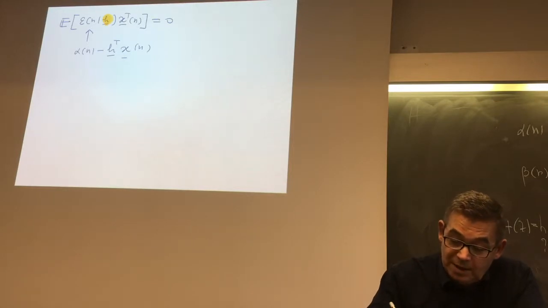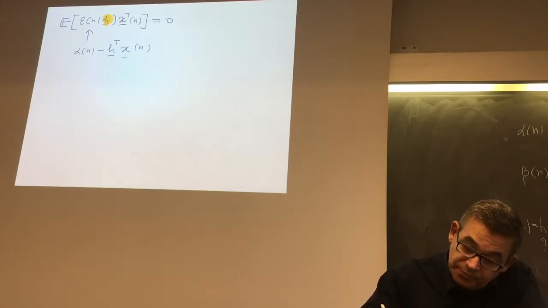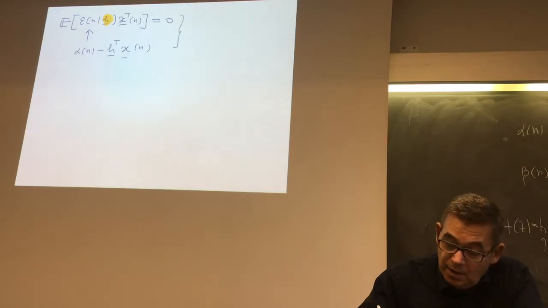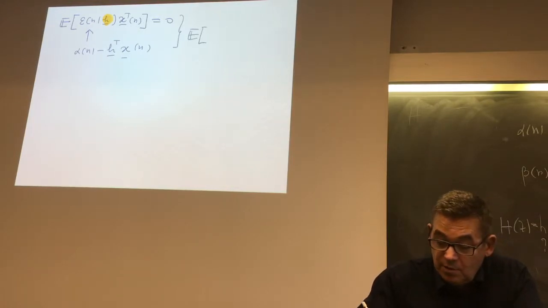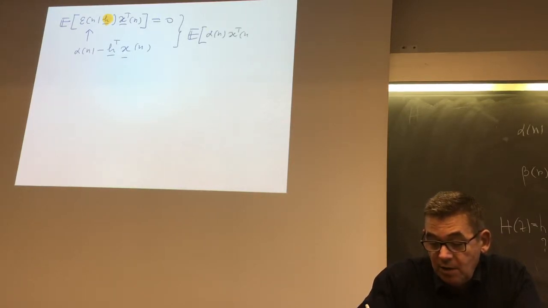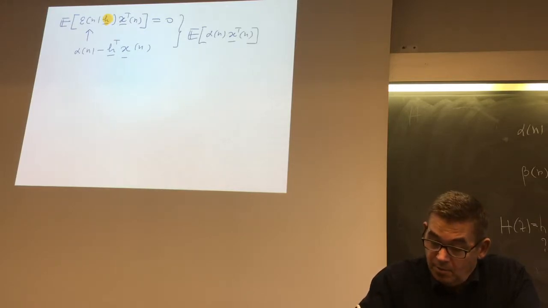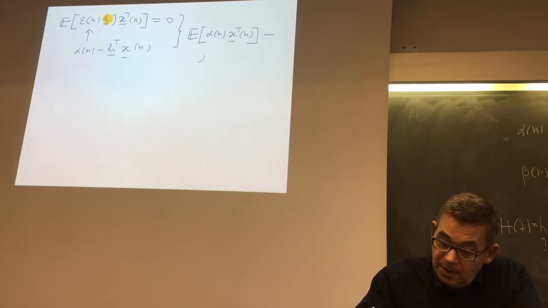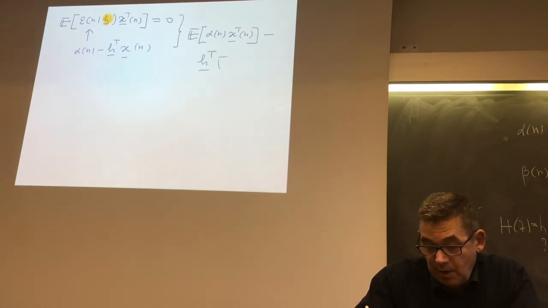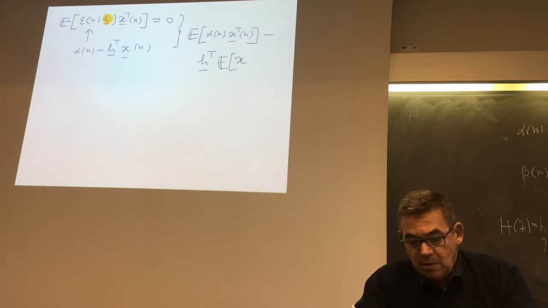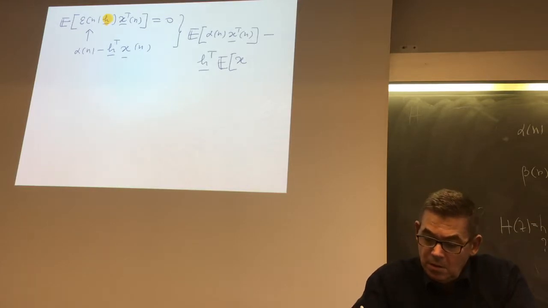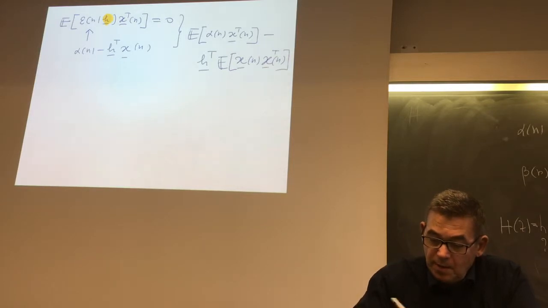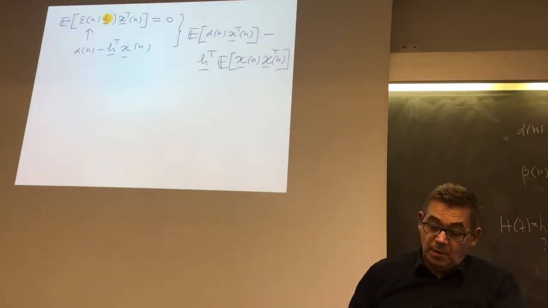So when I plug this into that, then I get the expectation of alpha n x transpose n minus h transpose multiplied by the expectation of x n x n transpose, equals 0.